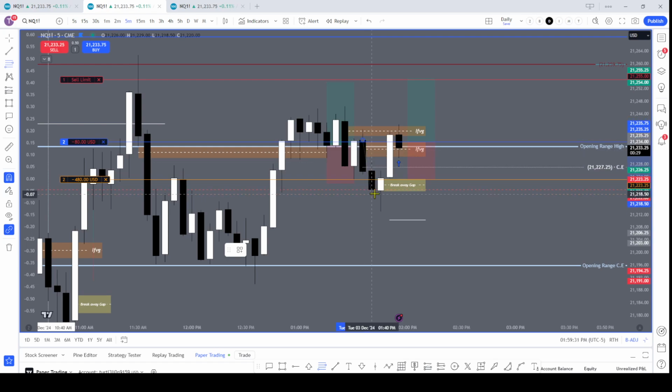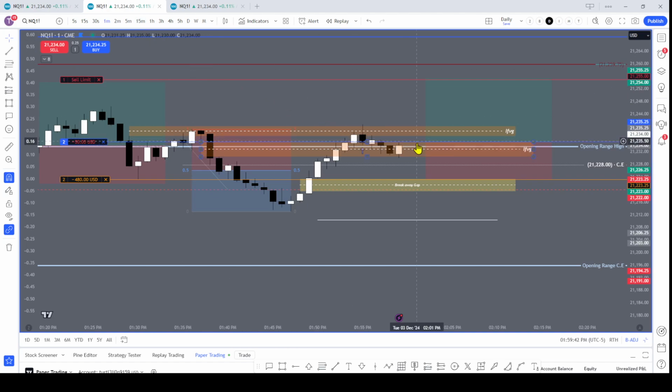These two down close candles here, 21,228. Watch that level on the 1 minute.